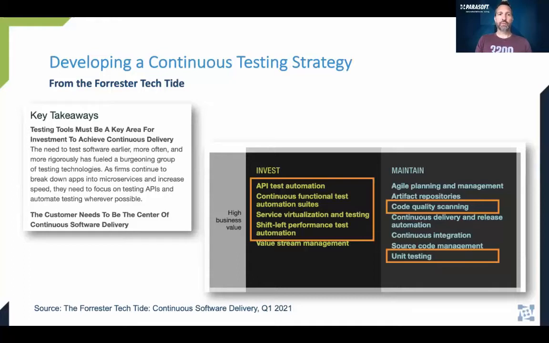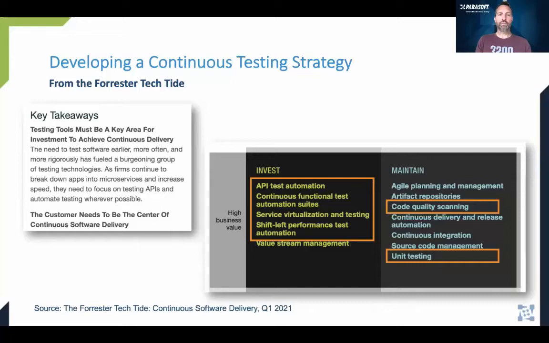Here's the thing. Number one takeaway in this report this year, and I highly recommend you guys read this in detail, is testing tools must be a key area for investment to achieve continuous delivery, right? And it talks about the need to test earlier, more often, more rigorously, right? And to use tools and automation to help you get there.